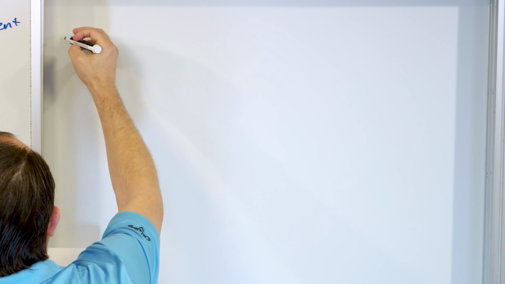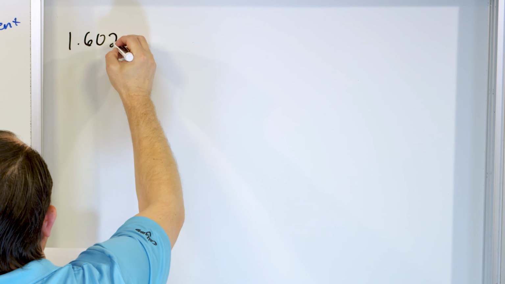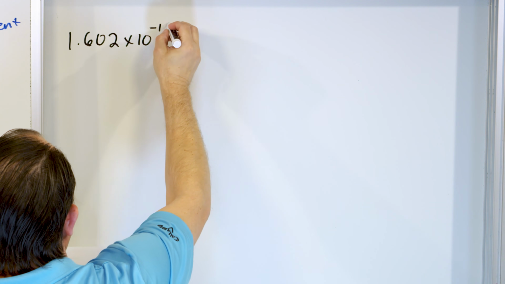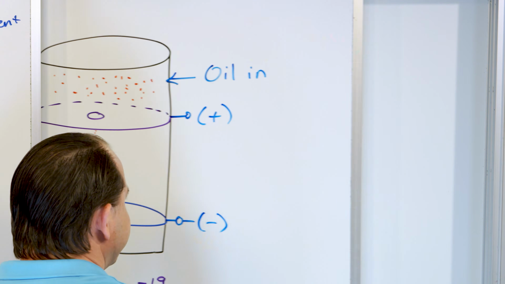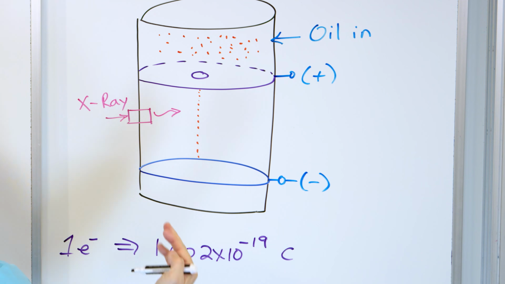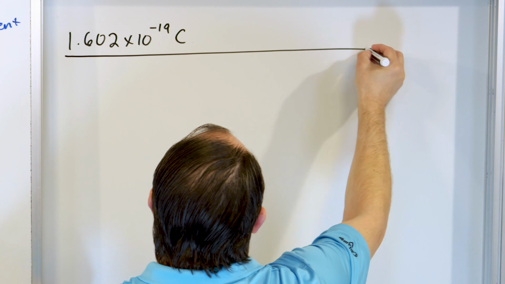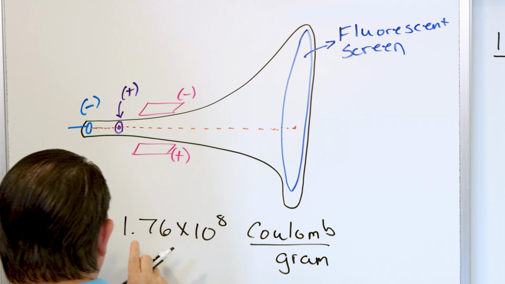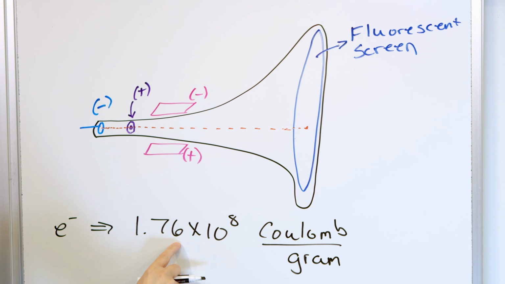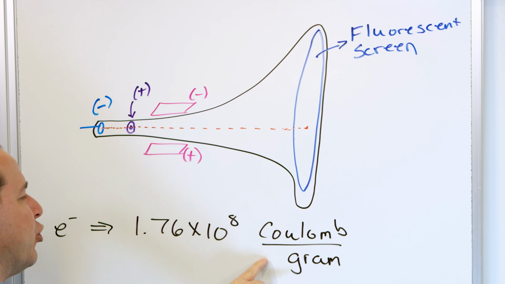If you start off by knowing the number I just wrote down, 1.602 times 10 to the negative 19 coulombs. This is the charge, exactly as I wrote it down from the Millikan oil experiment, right? And then we go over here and say, all right, what else do we have? We know that the electron is also 1.76 times 10 to the 8 coulombs per gram.